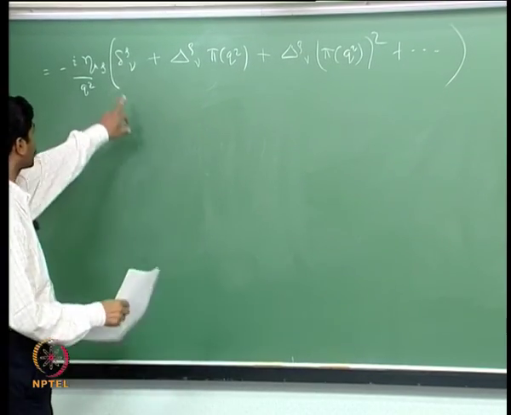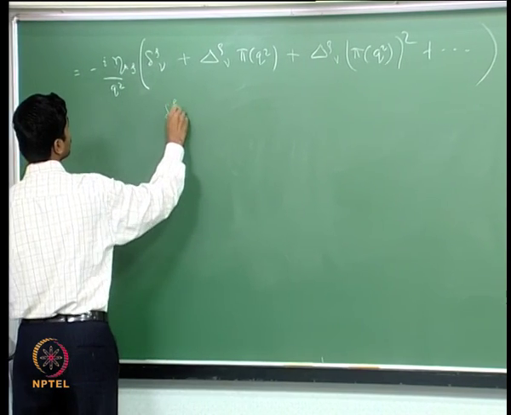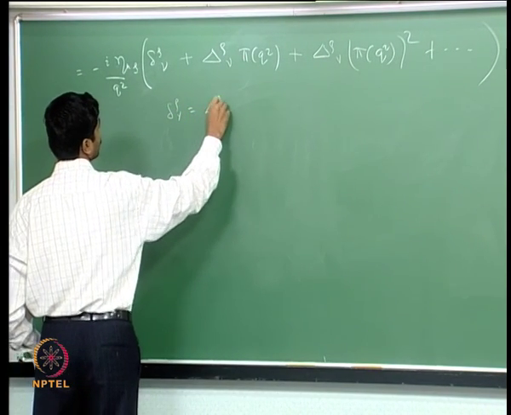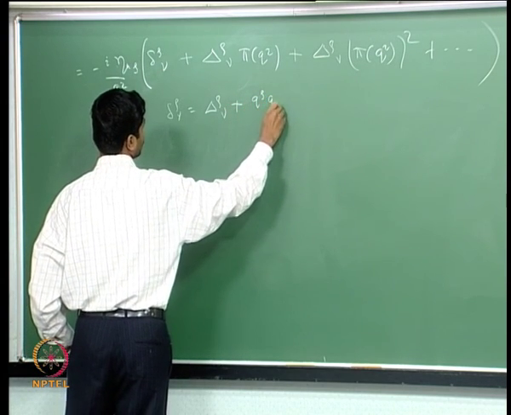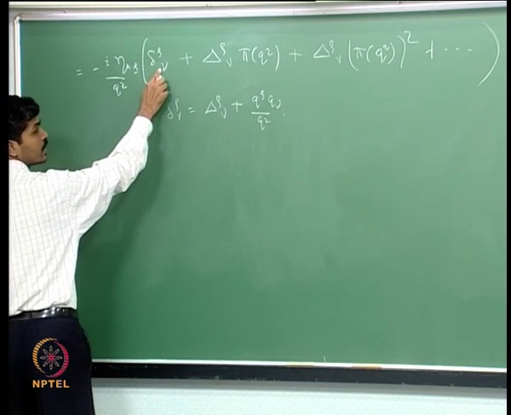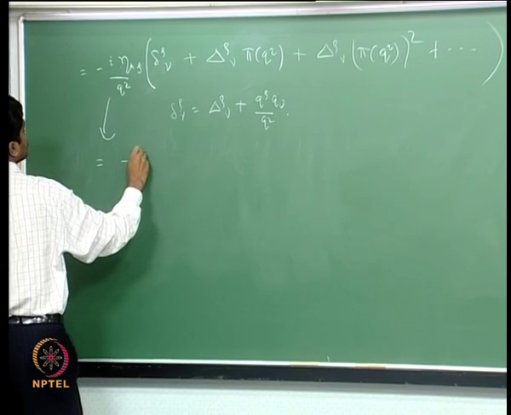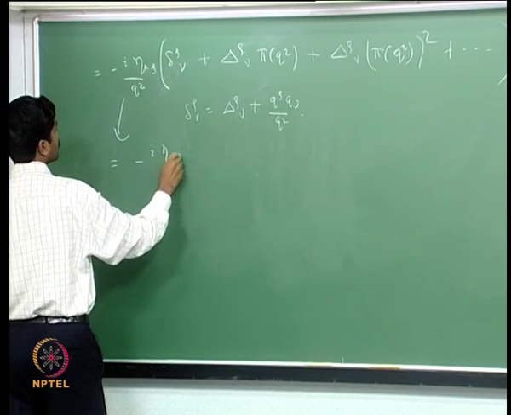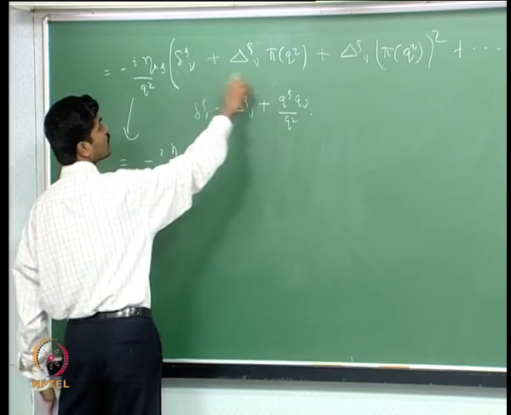The first term also I can write it as delta rho nu is delta rho nu plus q rho q nu divided by q square. If I substitute it here, then this is going to give me minus I eta mu rho over q square. There will be a delta rho nu in all terms.